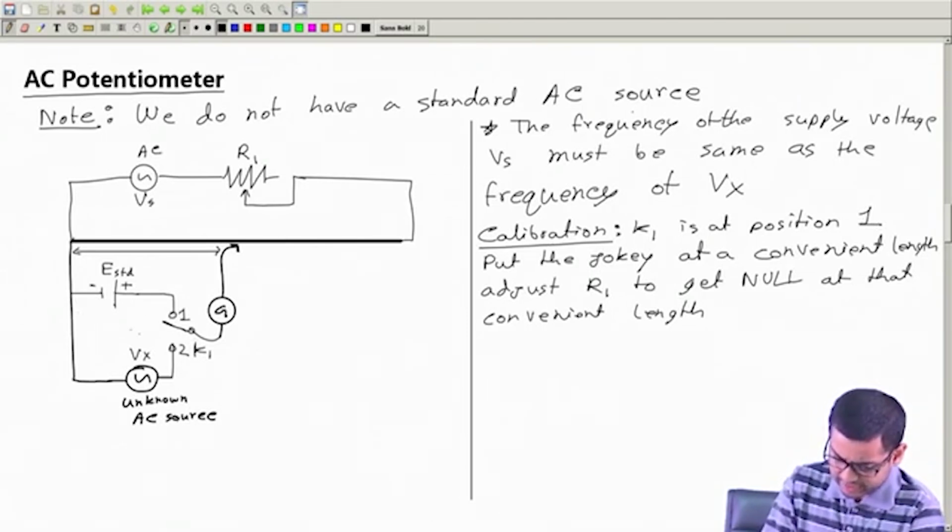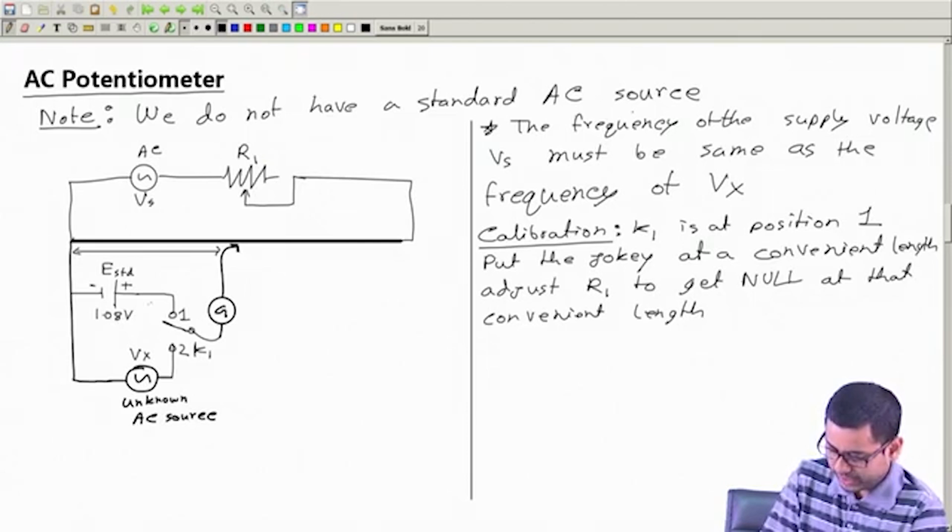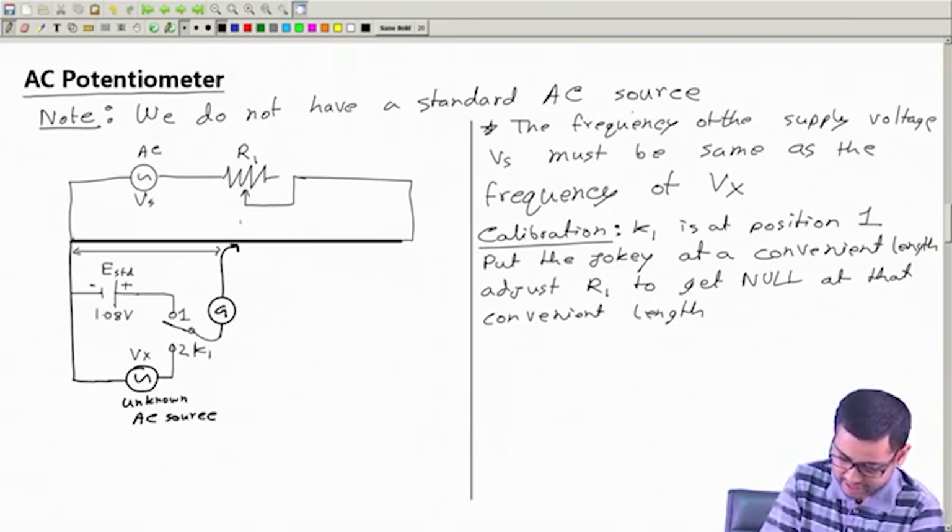And then we will put the jockey at a convenient length. For example, if this is 1.08 volt, we may choose this convenient length to be, say, 108 centimeter.